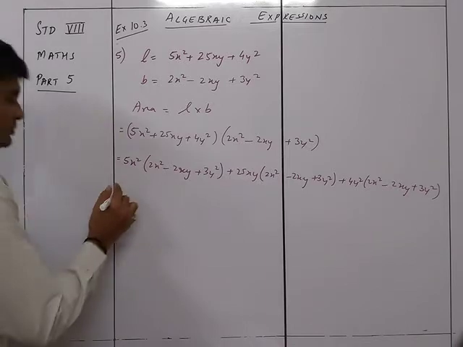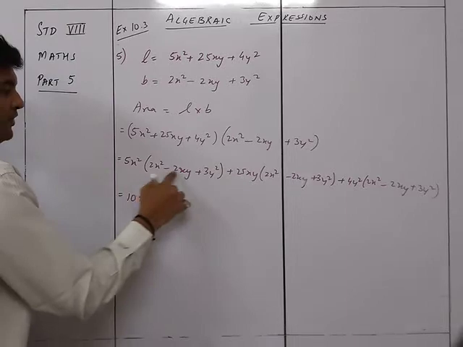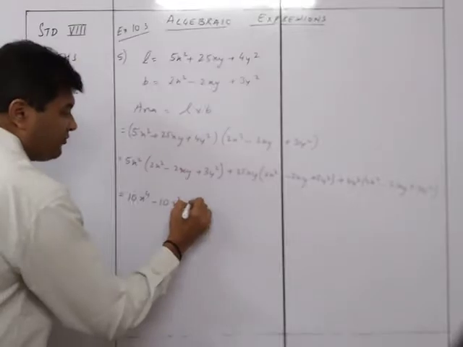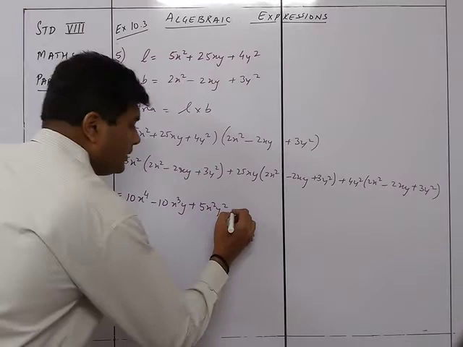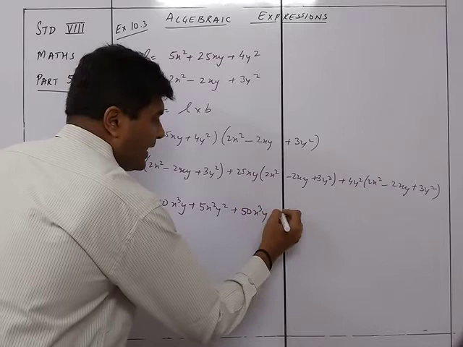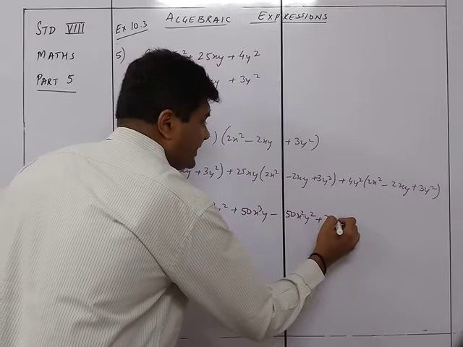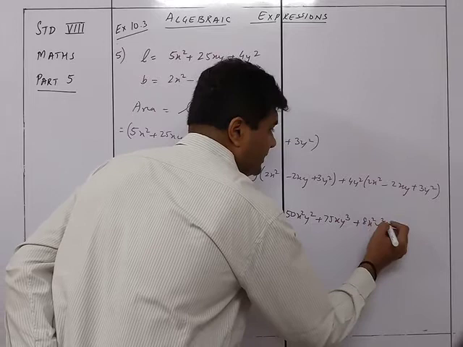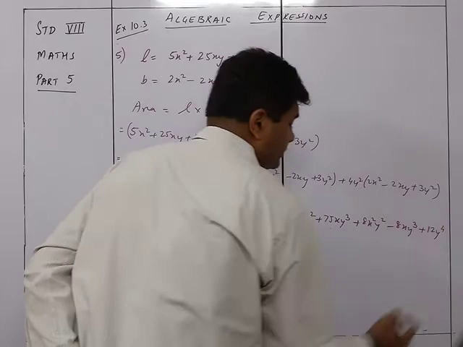Now multiplying each of them, so we get 5 twos are 10, so 10x raised to 4, 5 twos are 10 again, so minus 10x cube y, 5 threes are 15, so 15x square y square, plus 50x cube y, minus 50x square y square, plus 75xy cube, plus 8x square y square, minus 8xy cube, plus 12y raised to 4.